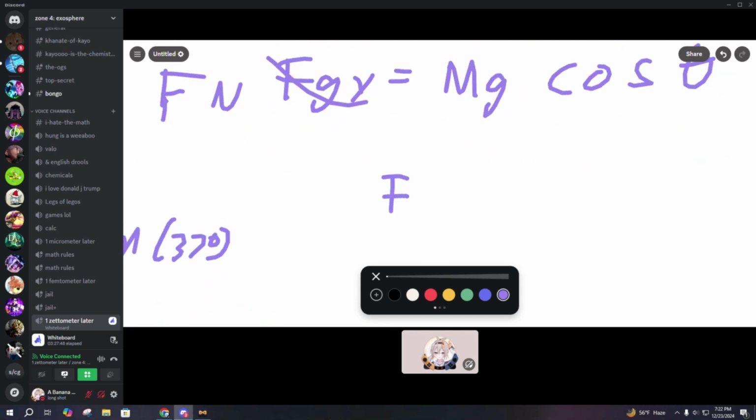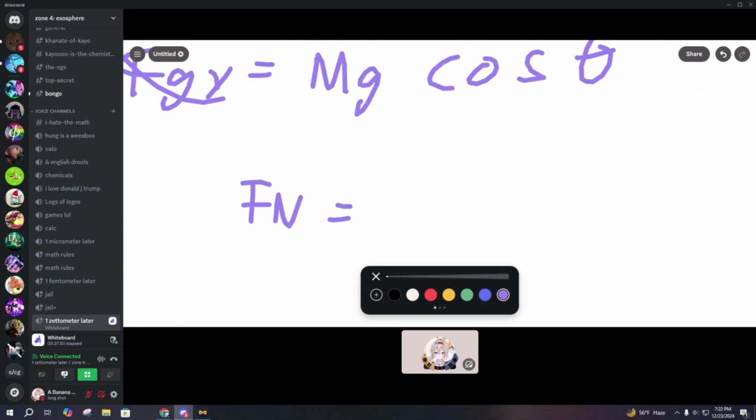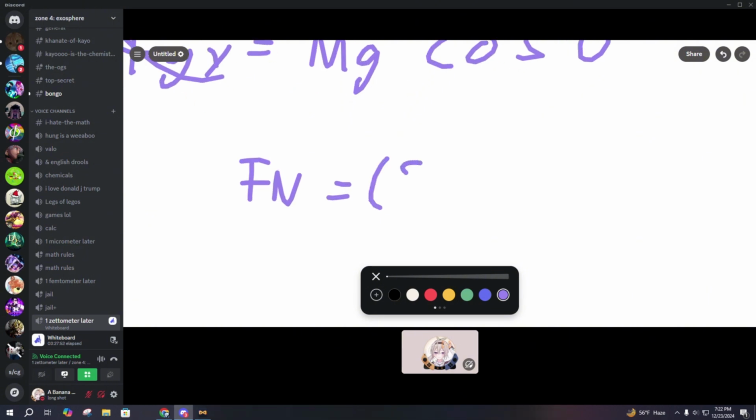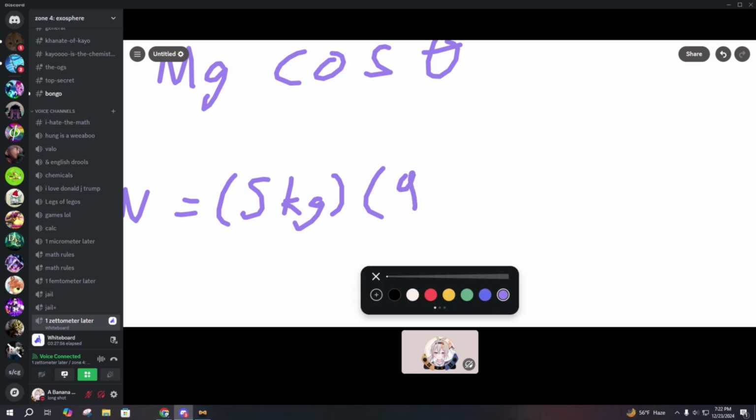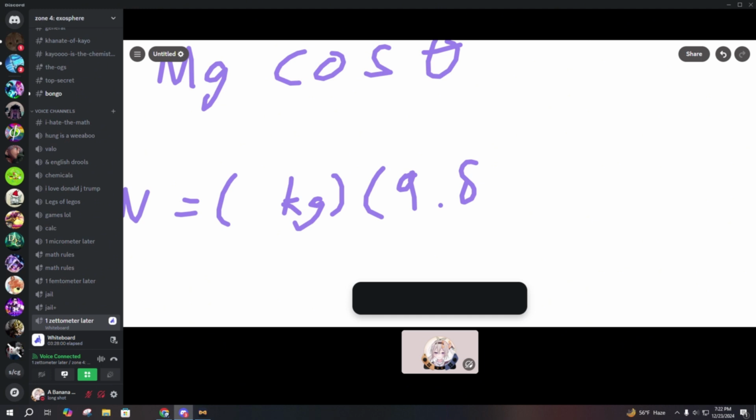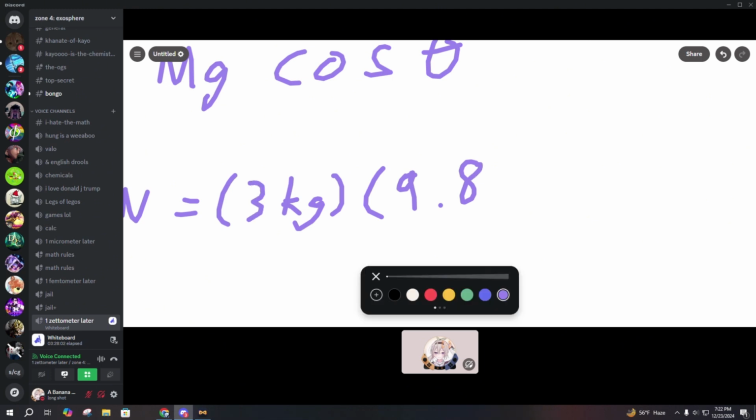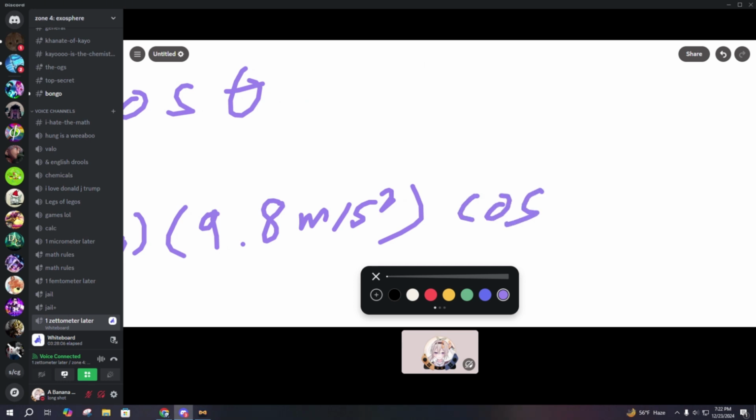So Fn is equal to M times g. Well, what's big M? 3 kilograms, 9.8 meters per second squared, and then cosine of 37 degrees.